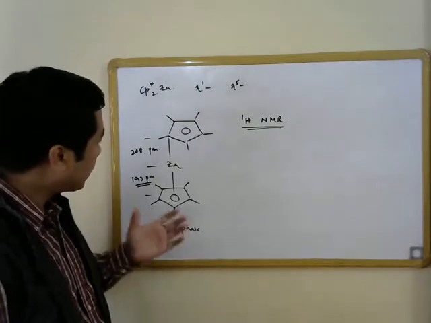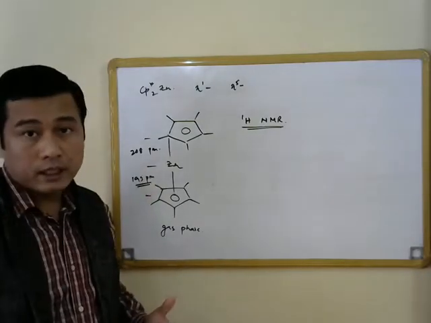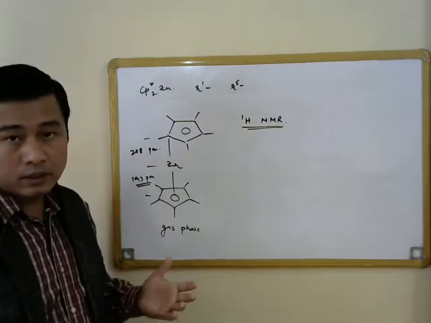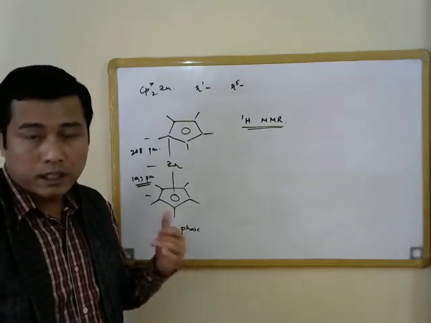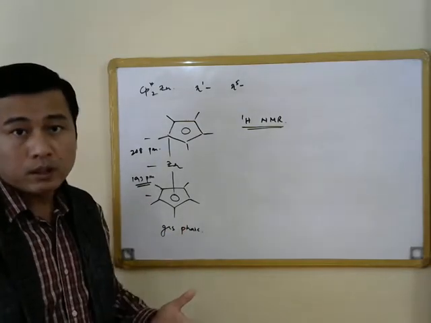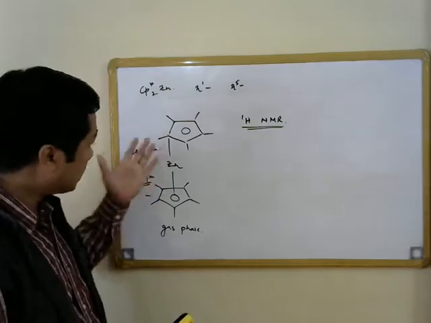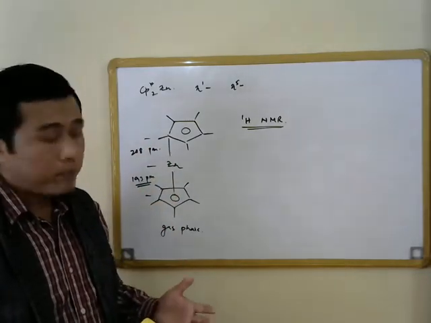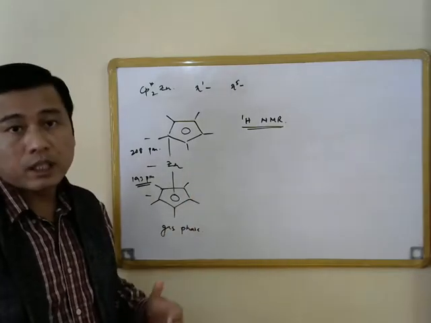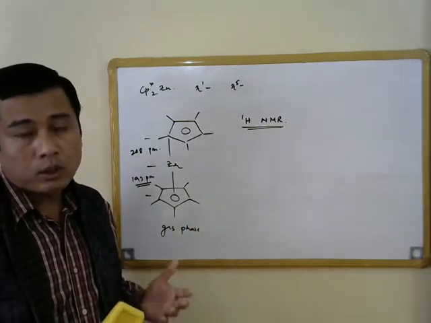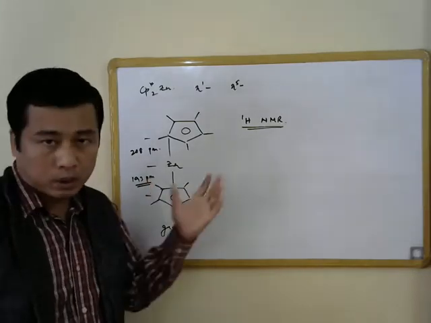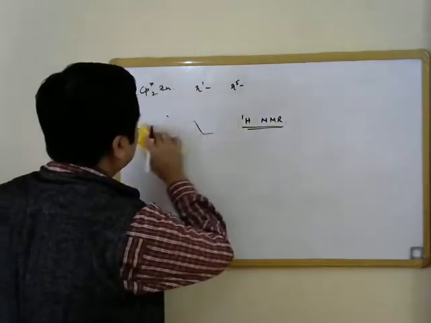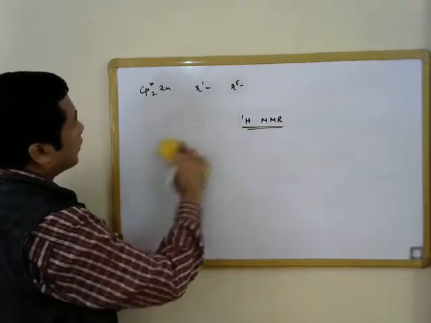The reason is that the Cp ligands change their hapticity at a rate which is faster than the NMR time scale, and that is why we obtain only one signal in the proton NMR spectrum of this particular compound. That is a very interesting aspect, the fluxional behavior of this sort of compounds.